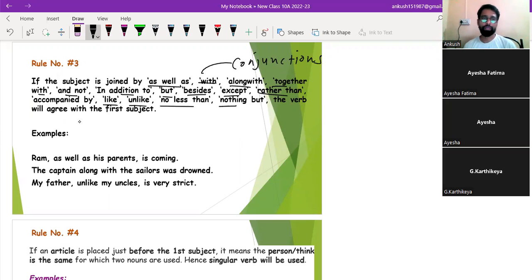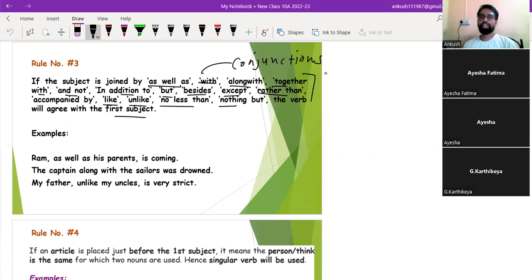The verb will agree with the first subject, whatever the subject you are using with these. They are also called connectors, also called jointers.